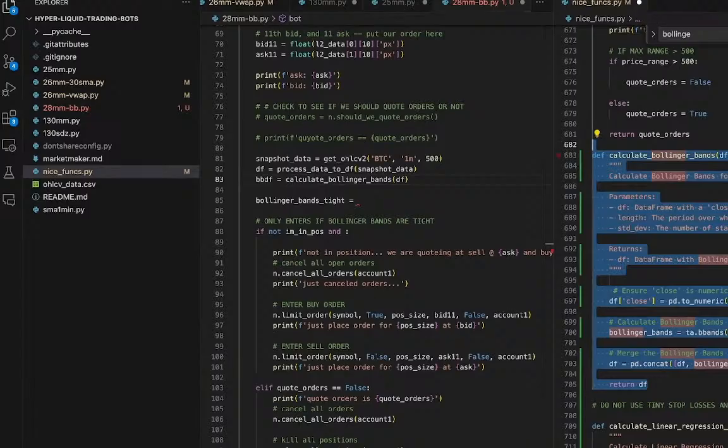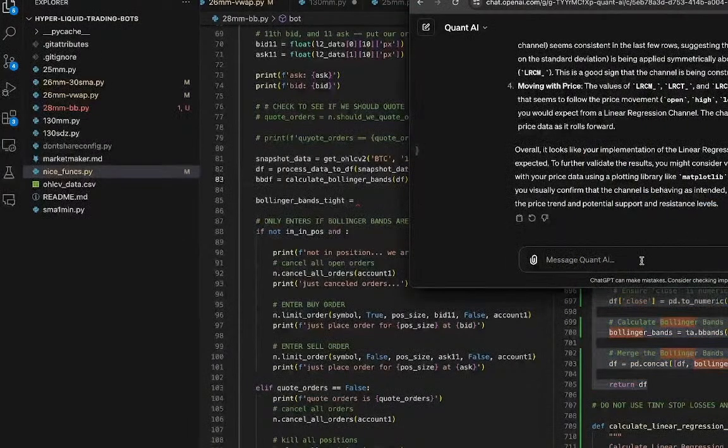Can you update this function? Please update this function in order to classify when the Bollinger Bands are, what did they call it? Tight?